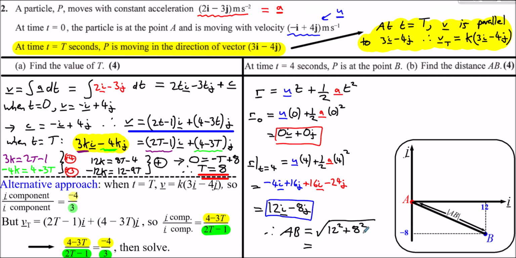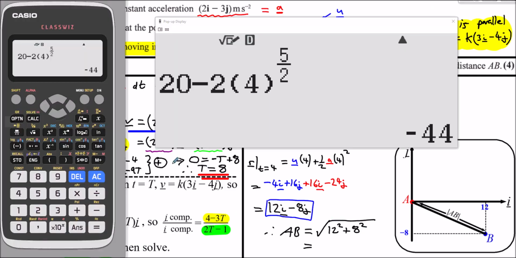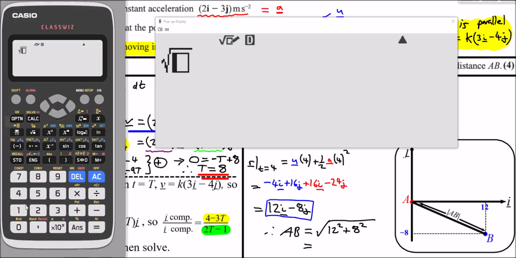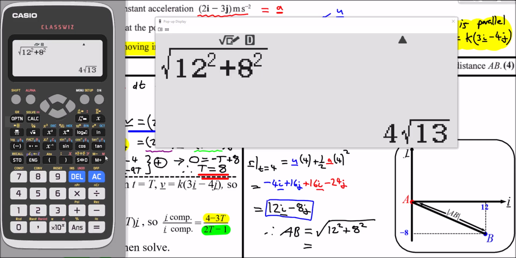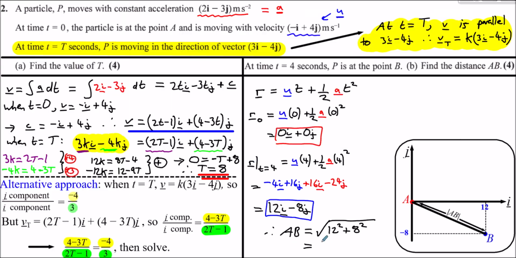So if you want to, you can calculate this, or you might notice something about these actual values before you do. I'll explain what you may have noticed after the fact. 12 squared plus 8 squared, that gives 4 root 13. So put this in like so.